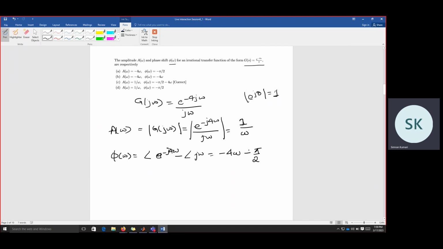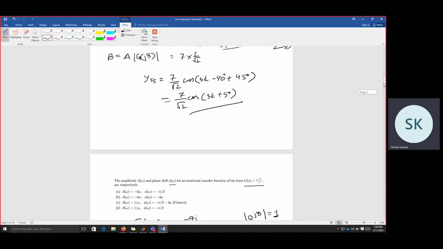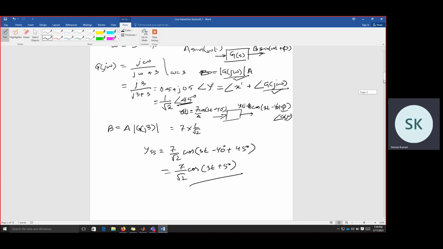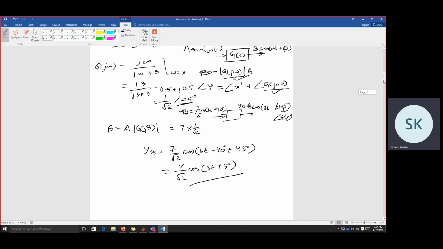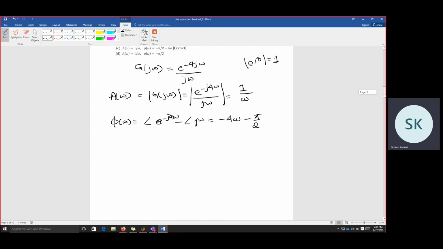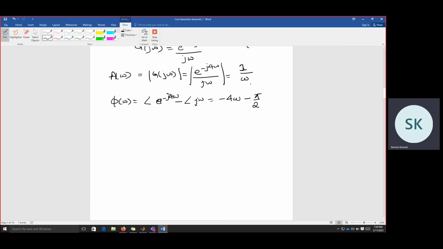So if you see here, earlier at a given frequency we found a value of amplitude and a phase shift due to the transfer function, and for a given frequency we get some value. Now here also, for each frequency we will get some value of A omega, like amplitude and phase shift. So what can we see from here? As omega is increasing, the amplitude is decreasing.